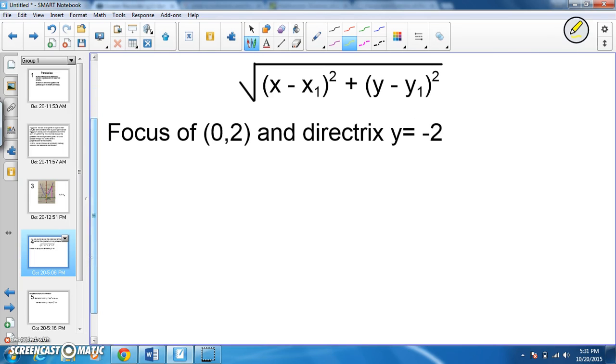First, we're going to set up the distance formula for the focus and the parabola. So the focus to the parabola, or to the vertex, which is our point in the middle, would be, our point on the parabola is (x, y).